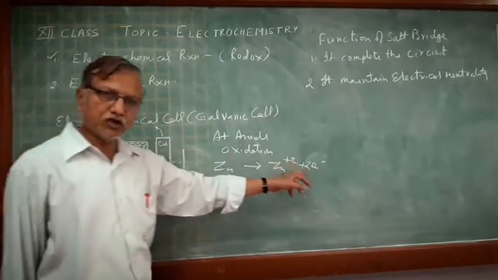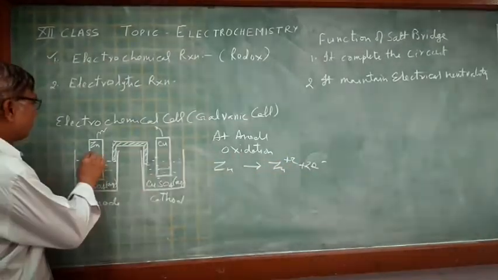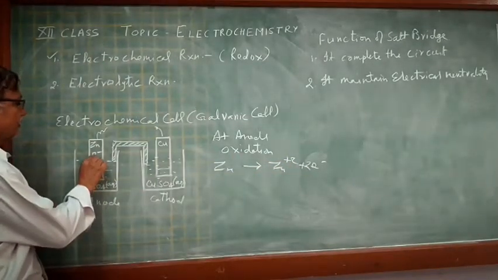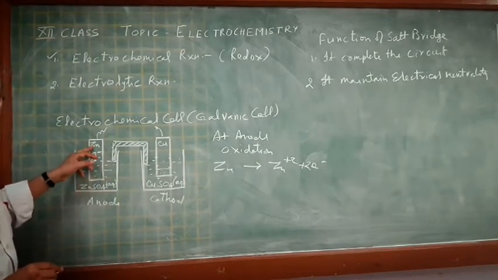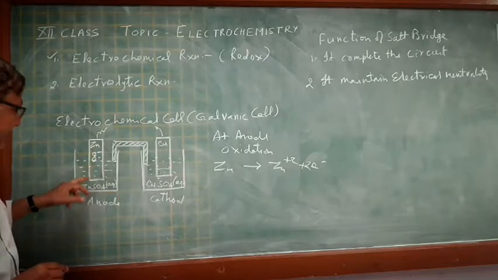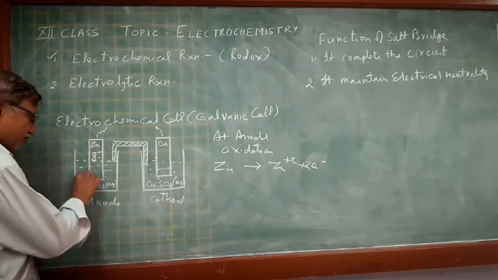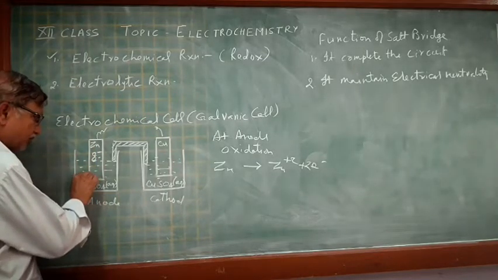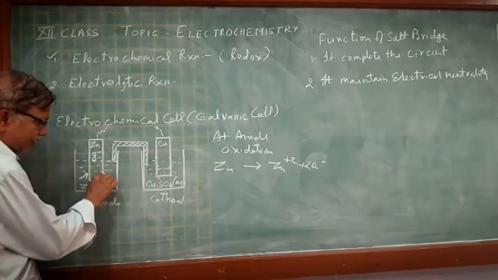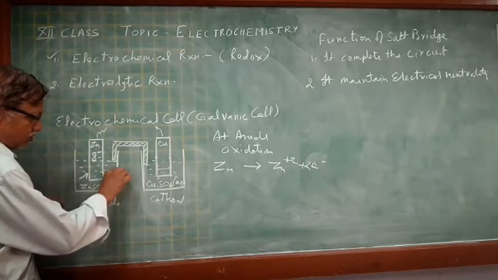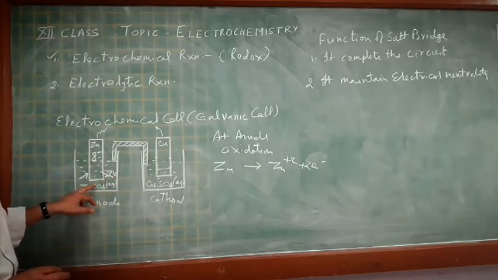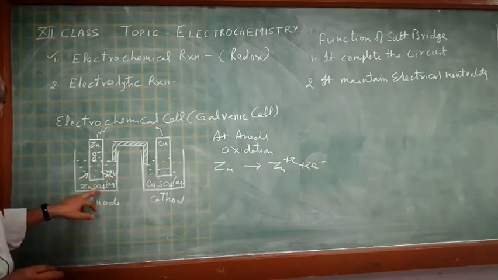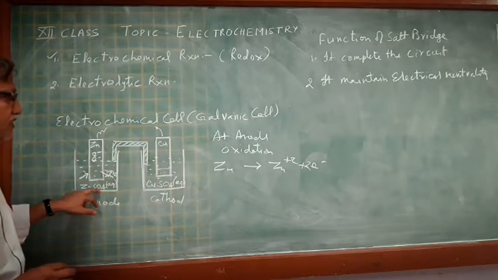When it loses 2 electrons, these electrons accumulate over the rod. So due to accumulation of electrons, the zinc rod becomes negatively charged, and simultaneously zinc ions come into the solution. So slowly the concentration of zinc ion increases in the solution and the concentration of sulfate ion decreases.